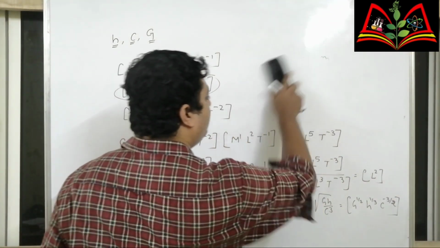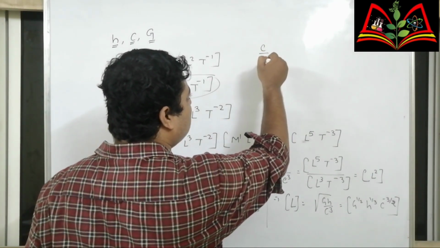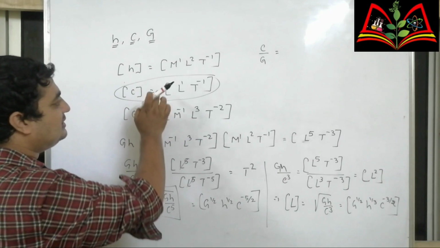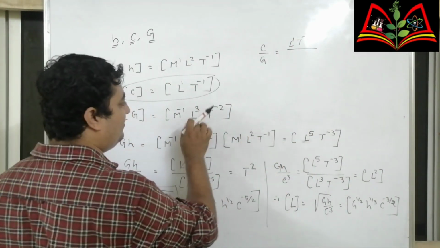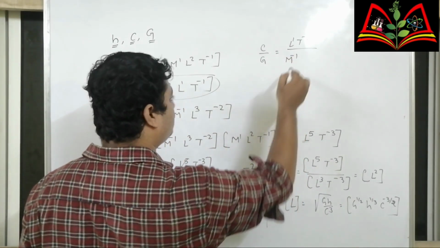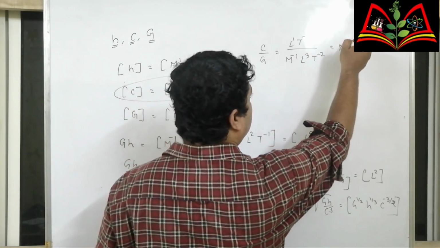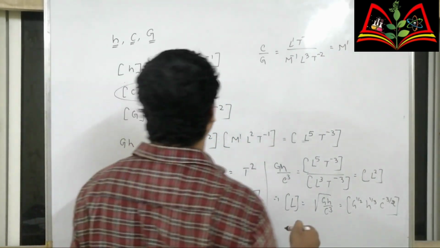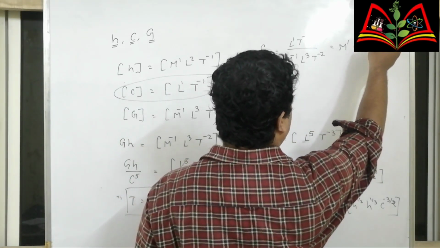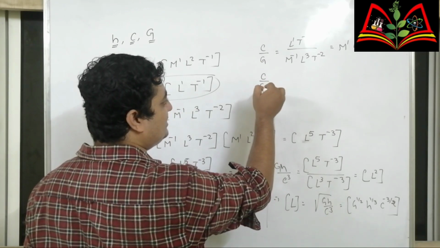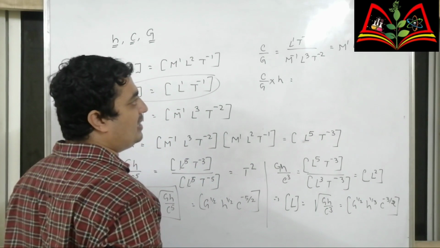Now check. If I will do C divided by G, what happened? C divided by G, L1 T minus 1 divided by M minus 1 L3 T minus 2. It becomes M to the power 1, L to the power minus 2, T to the power 1. Now C by G into H. What happened?